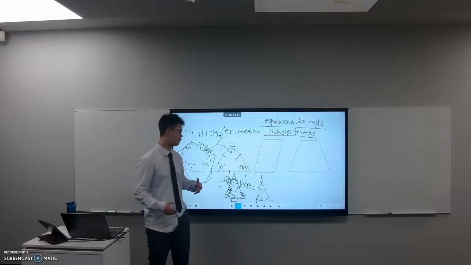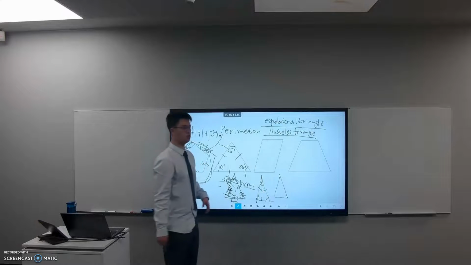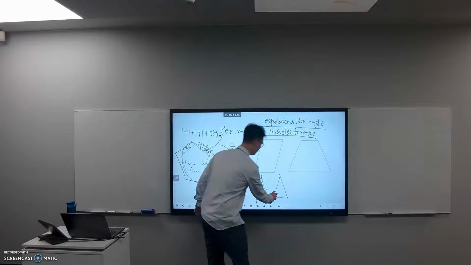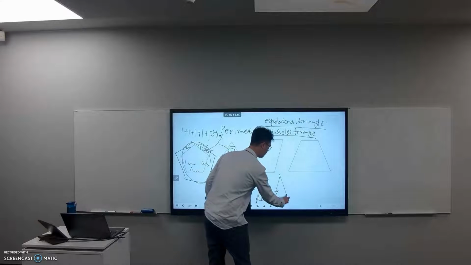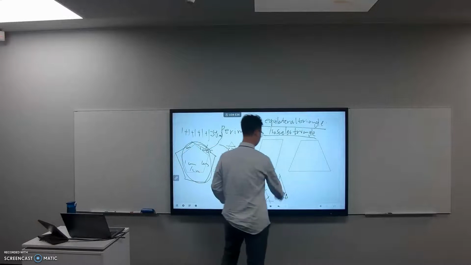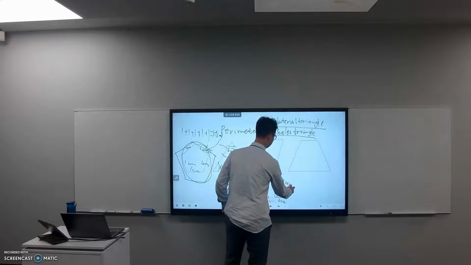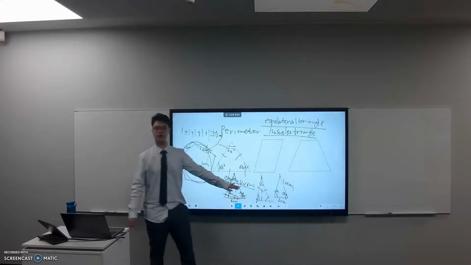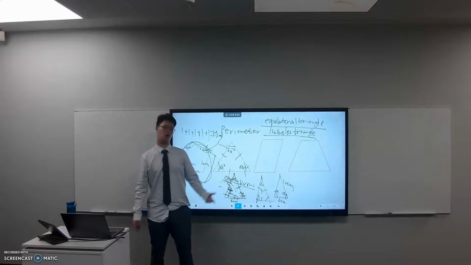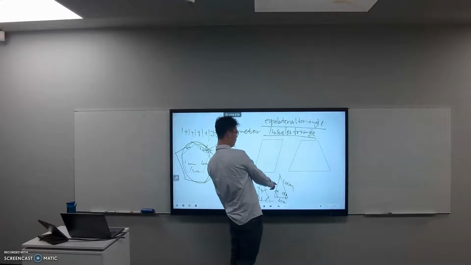Sometimes, for example, they provide you an isosceles triangle and tell you this is alpha, this is also alpha degrees, this is 6 centimeters, and this is 10 centimeters, and want you to calculate its perimeter. How would you find it? You might be struggling because it doesn't provide you the length of this side.